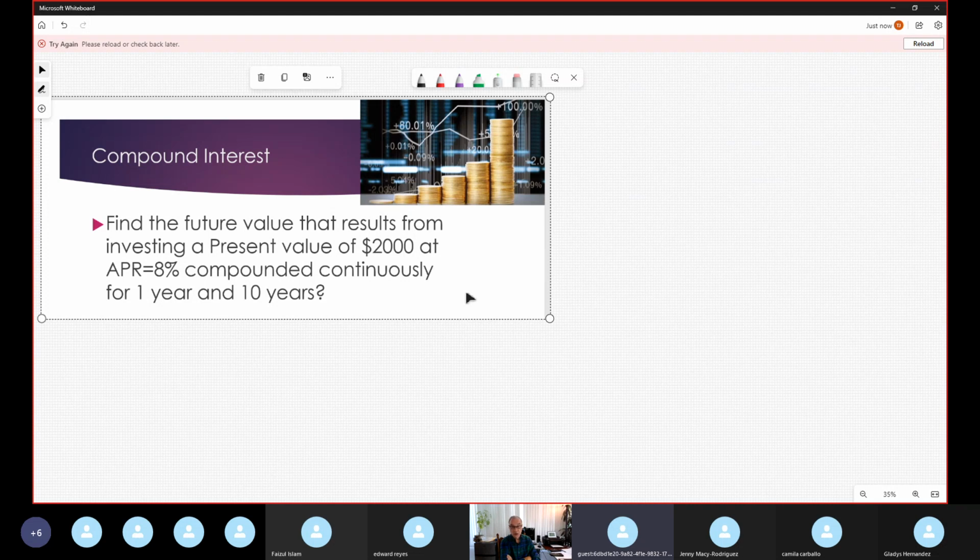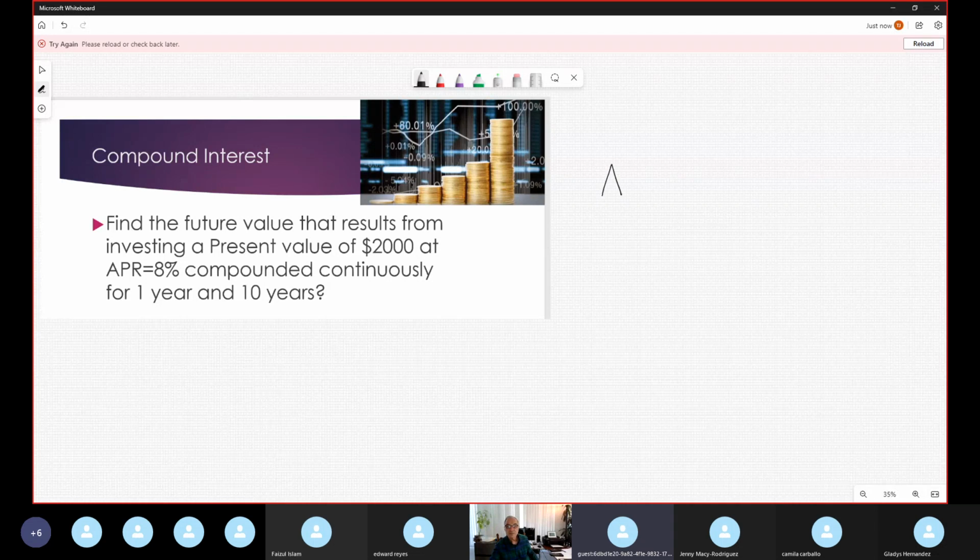This word continuously indicates that we change the formula because we have 2 kinds of formula. We have the discrete problem in which the money increases like stairs. However, in this case, no. In this case, it's continuous. So the formula is future value equals present value times e, but this e is the Euler number, exponential, base e, to the power rt.